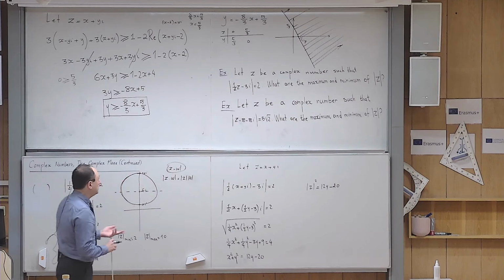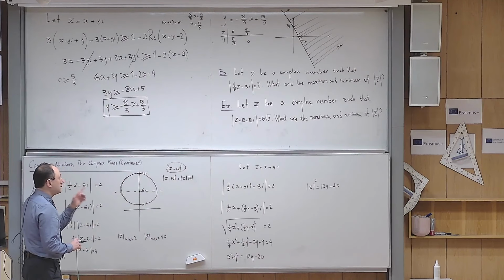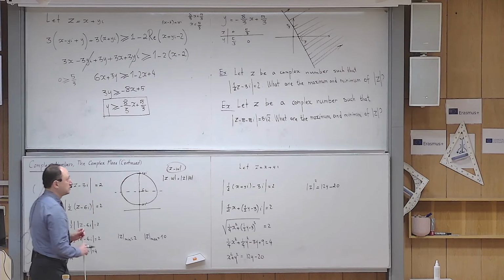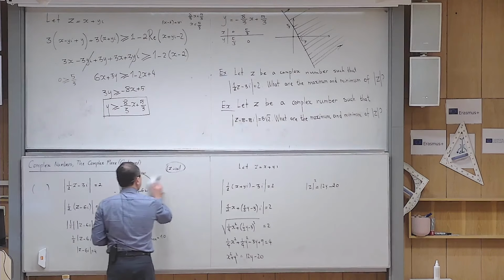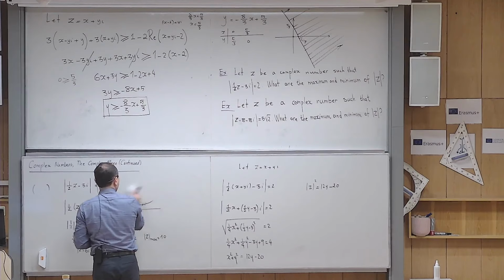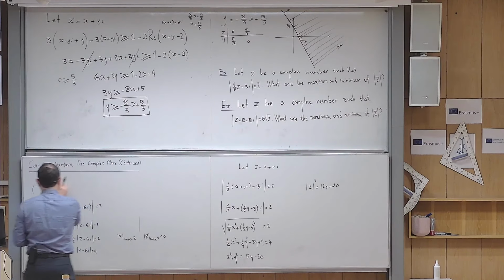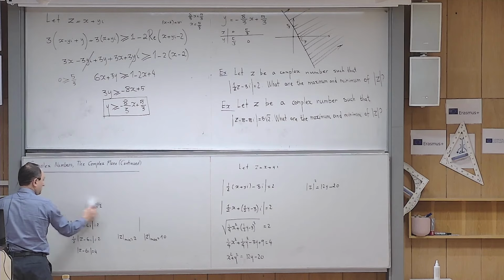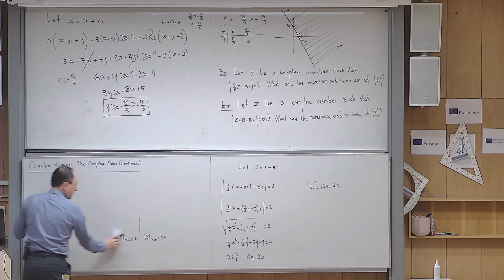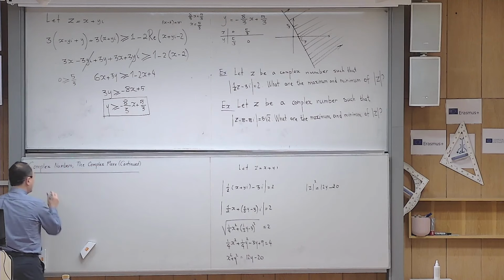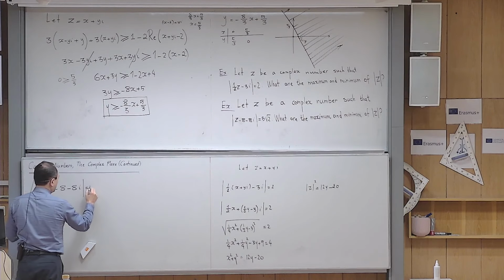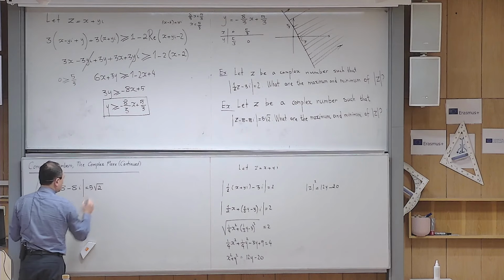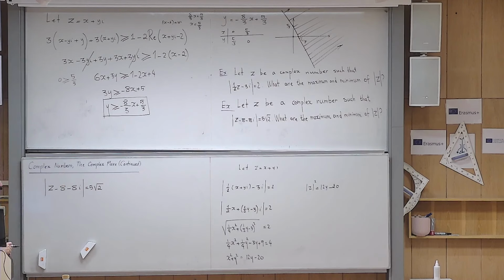For geometrically interpreting this problem, the first part is not hard. Can you see what this is? What shape is represented? What region, or in principle, what collection of points is represented by that equation? The equation is |z - 8 - 8i| = 5√2.